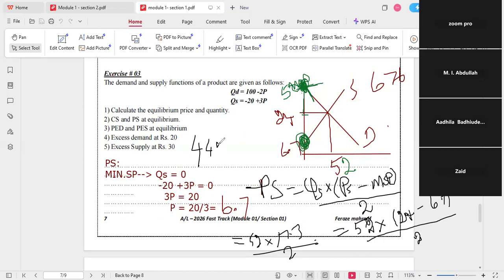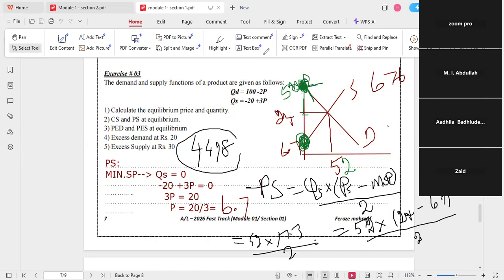I think the calculation method is clear. In the final exam, the number is important. For the method, one or two number issues are no problem. But in the final exam, make sure that you are doing the calculation perfectly. Consumer surplus, producer surplus, perfect. I will do one more question also, don't worry.